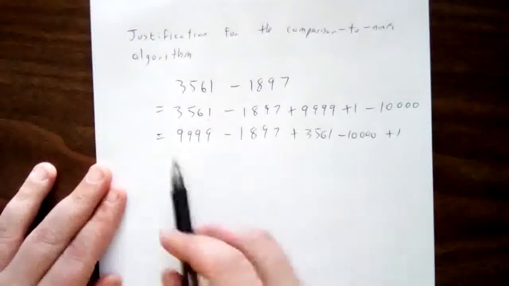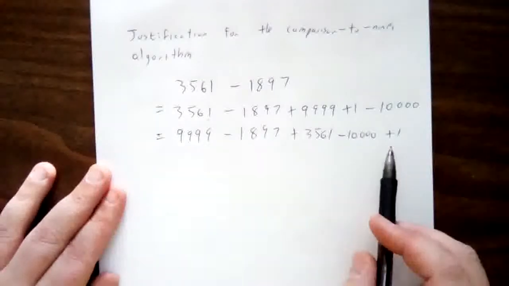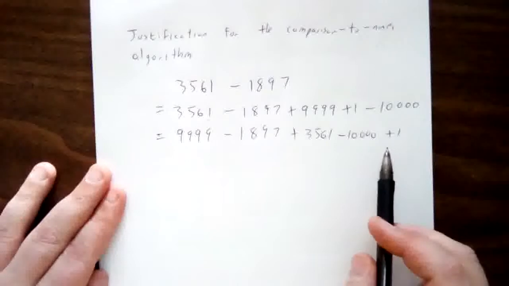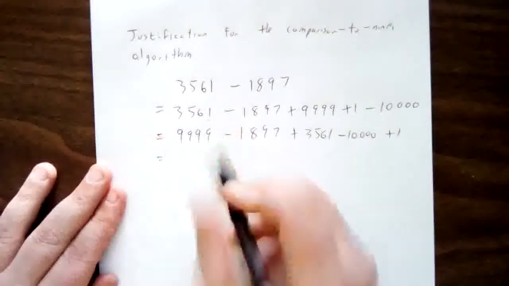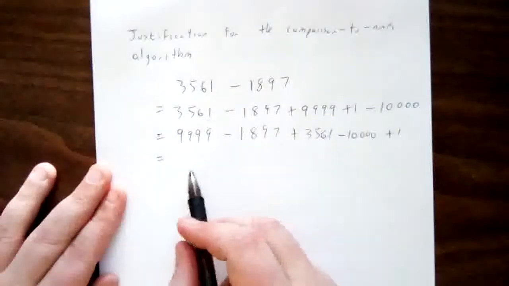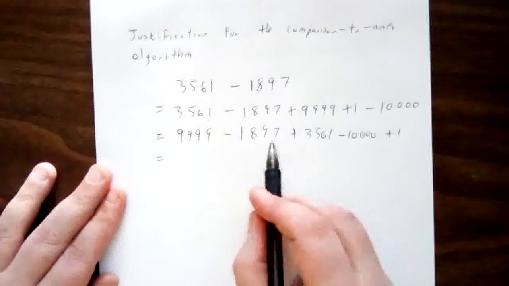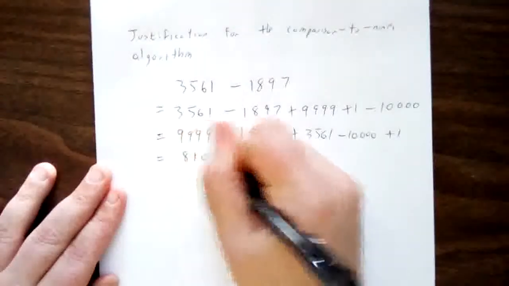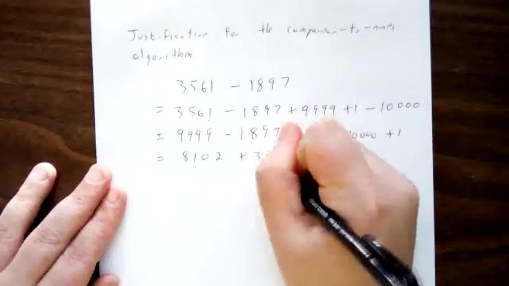And we can see now everything that I'm going to be doing here is really the 4 steps in my comparison to nines algorithm. The first step being the subtracting the subtrahend from that all nines number, 9,999 minus 1,897, giving me 8,102.